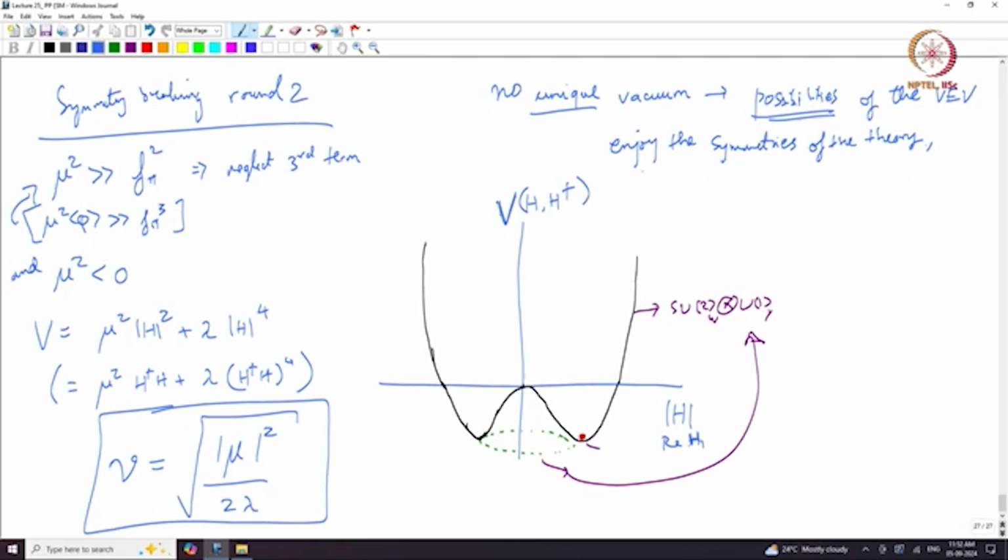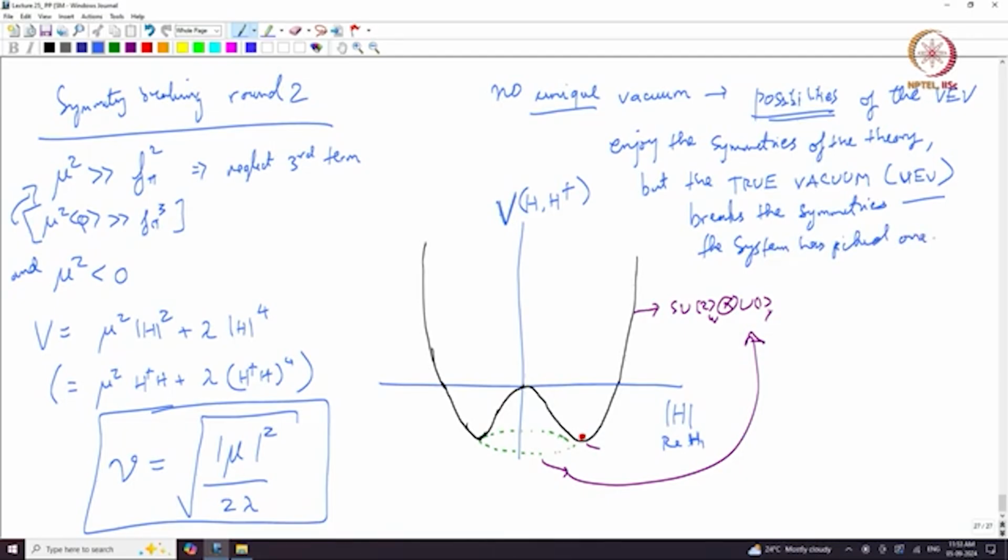So, I am going to write that down. But the true vacuum, that is the actual vacuum, necessarily breaks the symmetries because the system has picked one point at random.